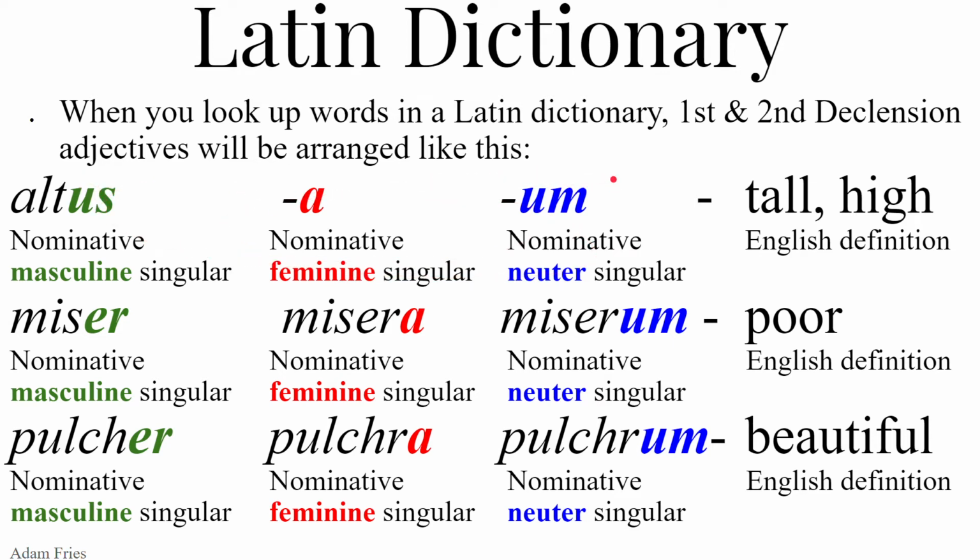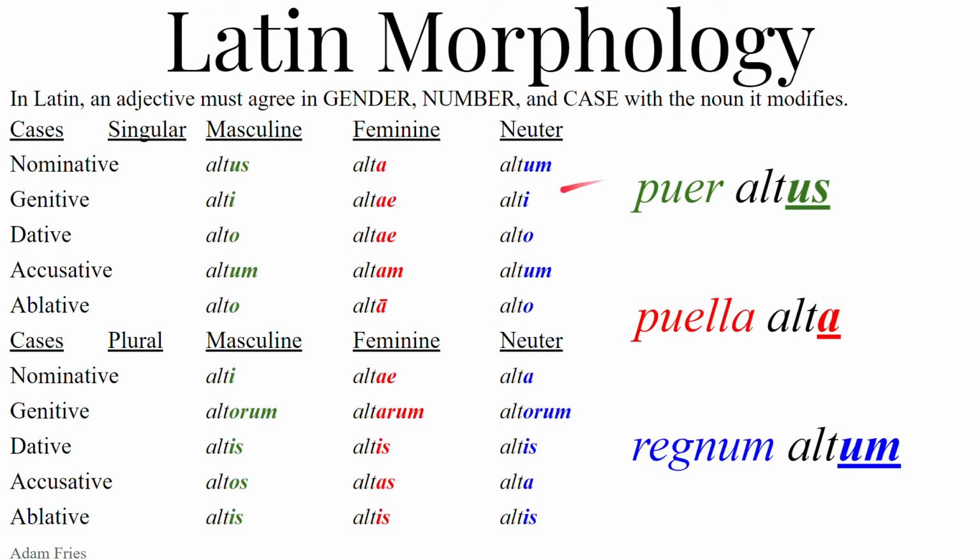So we are focusing this lesson on Latin adjectives of the first and second declension, because English adjectives mostly get their syntax based on word order. So the adjective comes before the noun and doesn't need to change very much. But because Latin has all these cases, Latin has 2 numbers and 3 genders, there needs to be a different form for each one of the adjectives to correspond to each case of the noun, each number of the noun, each gender of the noun.